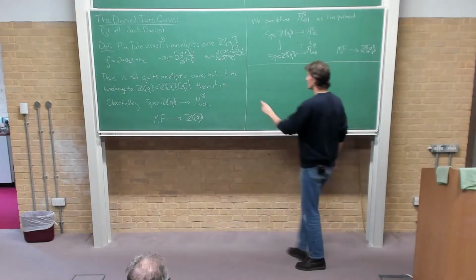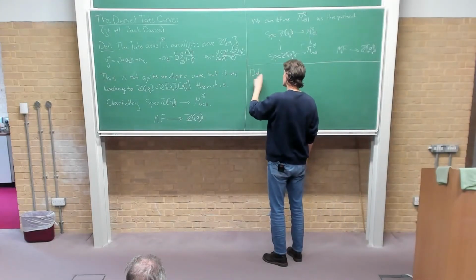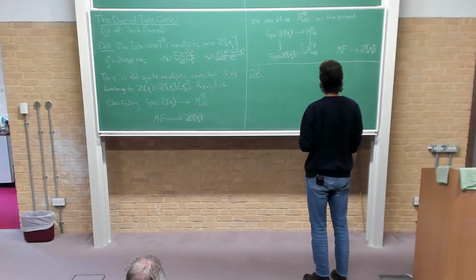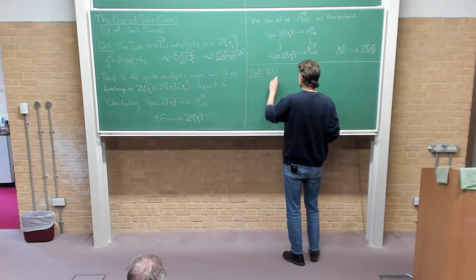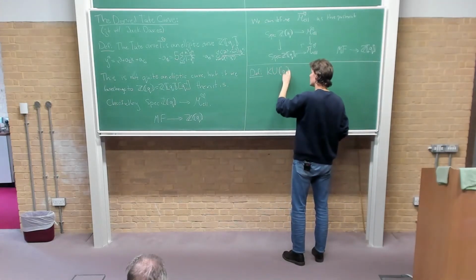All right. Let me discuss the extensions of these to elliptic cohomology theories. So I'm going to define two spectra.